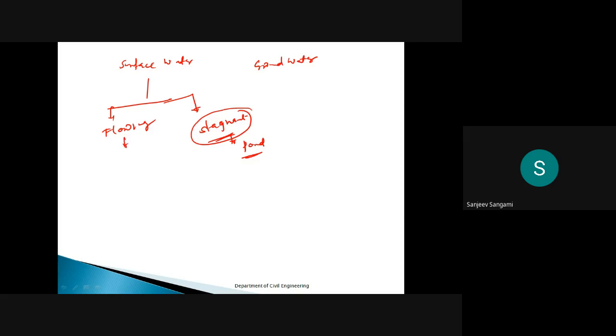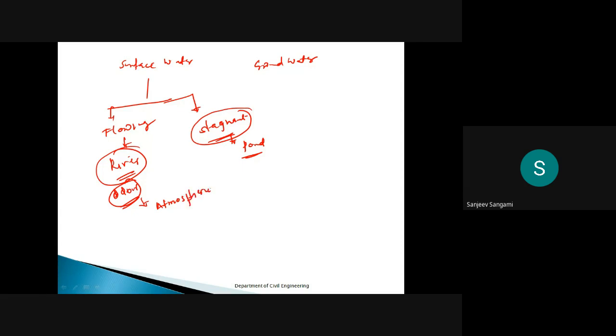When it is flowing, assume that a river is flowing water. In this river water, normally that much odor will not be there, because odor will be compensated with atmospheric oxygen.